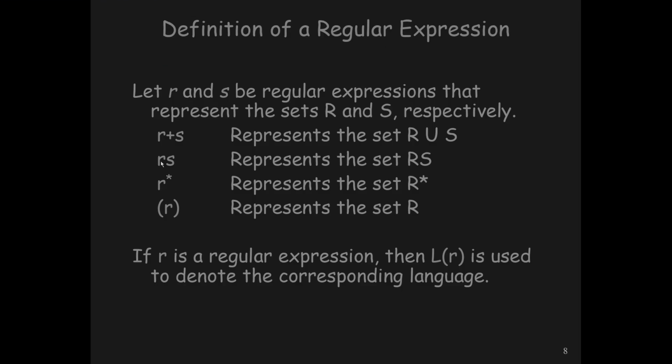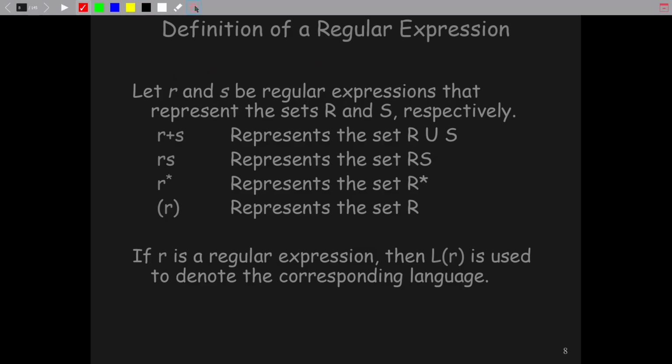Now, it's important to note that R plus S here is also a regular expression. So you can do something like R plus S plus, let's say, another regular expression, T. This is completely valid because this itself is a regular expression. So this can be like U plus T, which is in the form R plus S, right? So it's a regular expression.